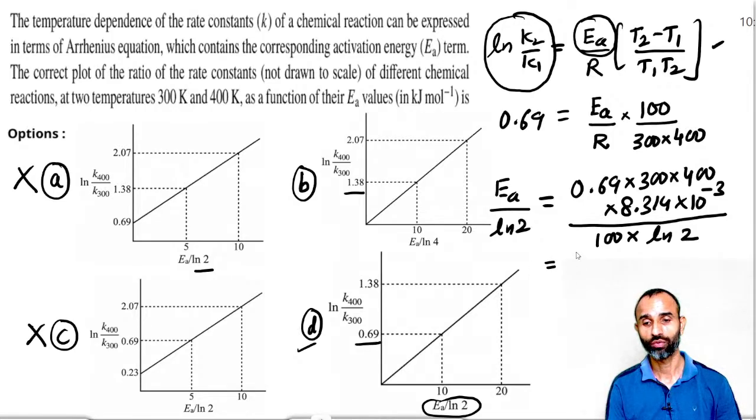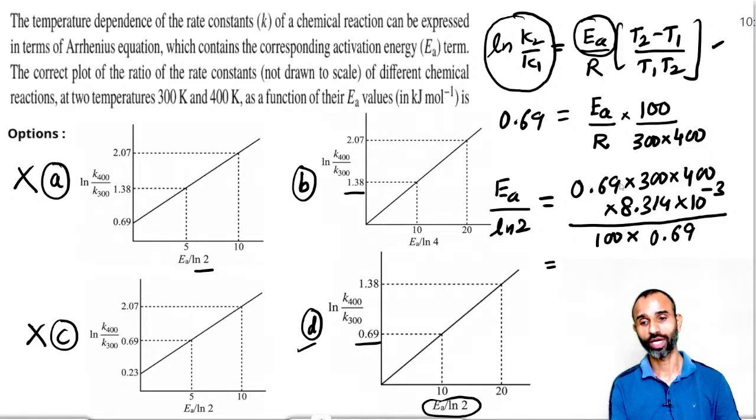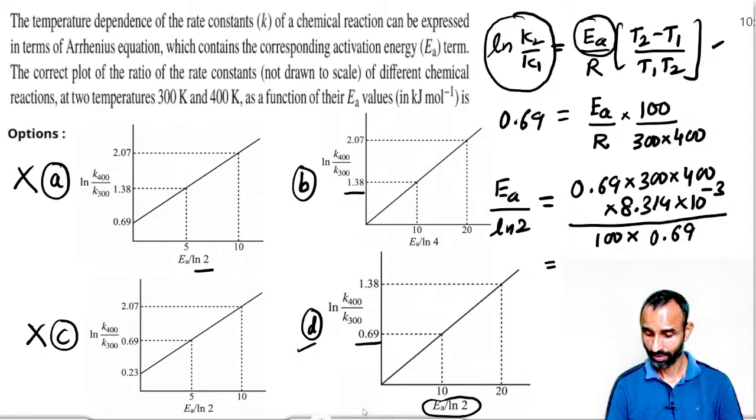Natural log of 2, you know, is 0.693, and take it as 0.69 so that we can cancel 0.69.